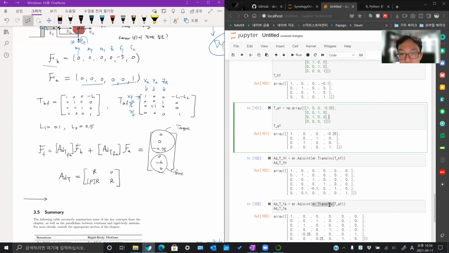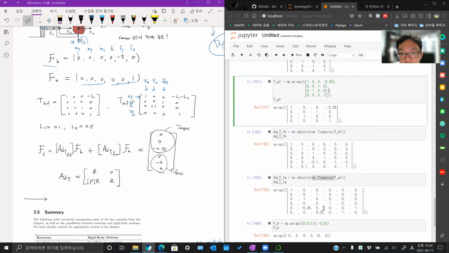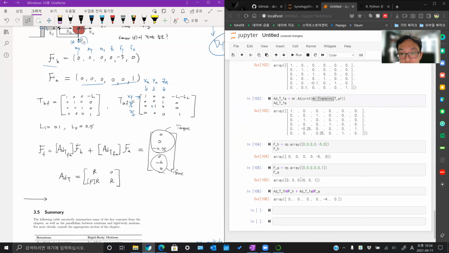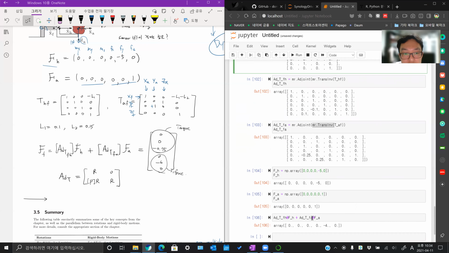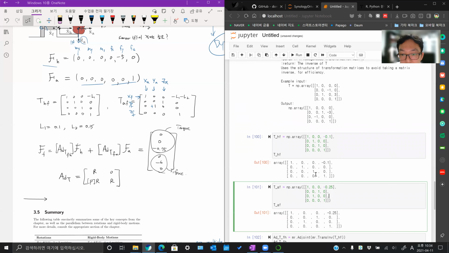Inverse, inverse. And then using inverse, inverse. How about -1 here?